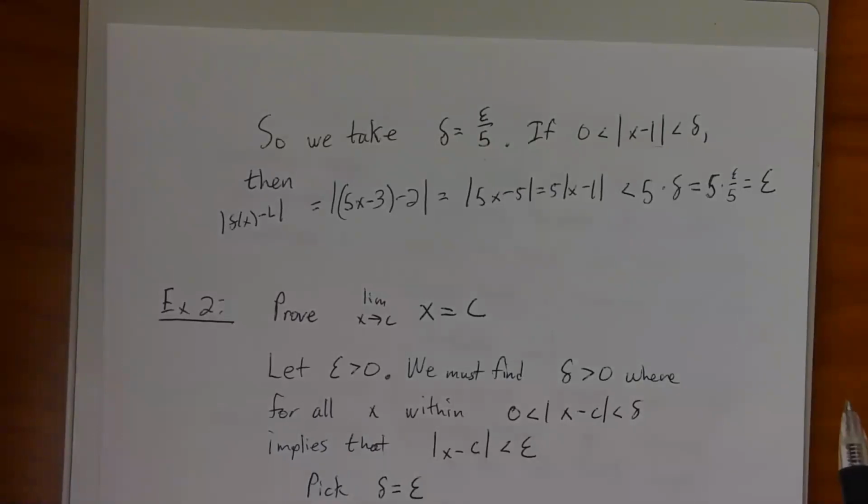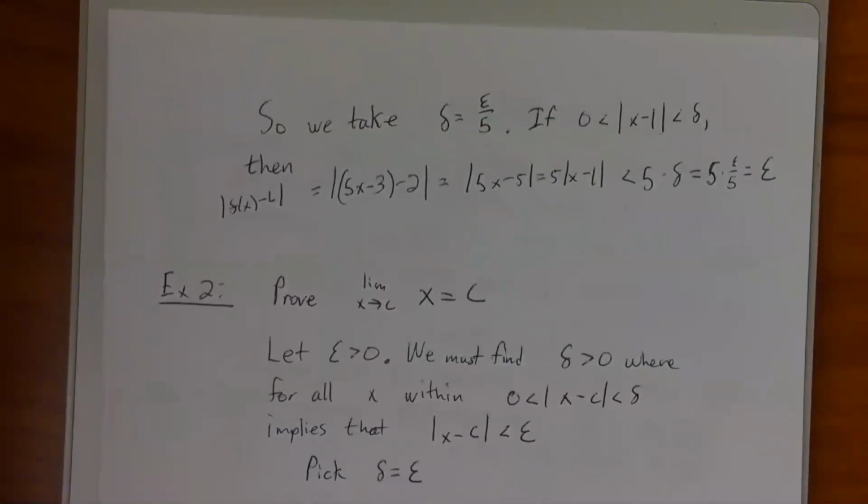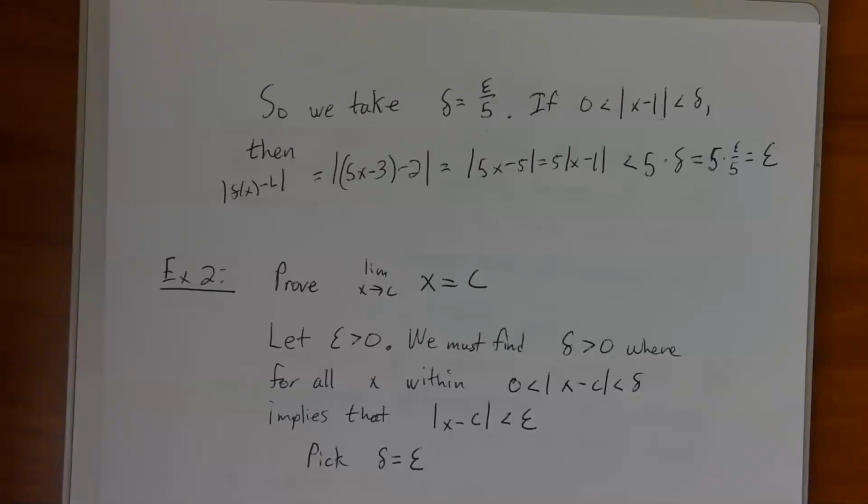In fact, we could have chosen any delta less than epsilon, and this would have satisfied our statement as well. But here, just delta equal to epsilon is the easy choice.